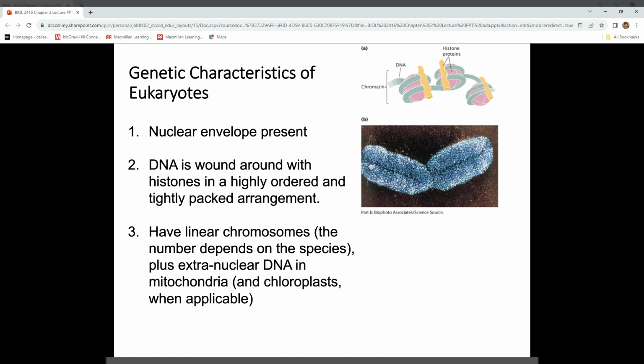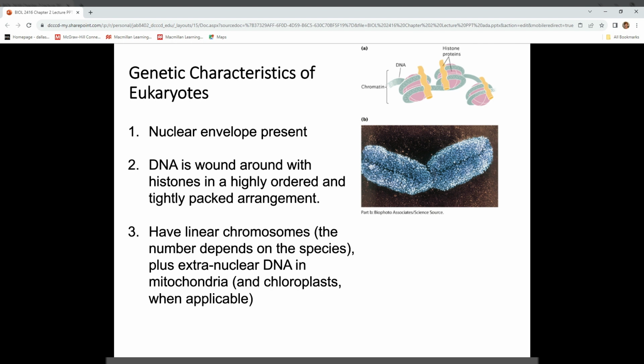In this image, those are shown as yellow or purpley pink structures, and the DNA is shown as sort of a green-gray string. And the DNA wraps around those histone proteins, and that material is called chromatin.